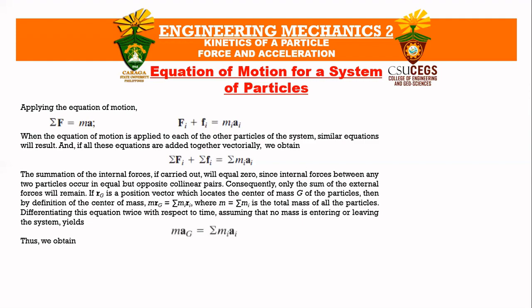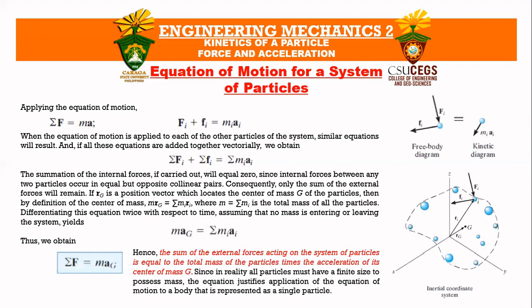And differentiating this equation twice with respect to time, assuming that no mass is entering or leaving the system, yields the following expression. That is the mass times the acceleration located at the center of mass g, which is equal to the summation of mi times ai. And thus we obtain the following.